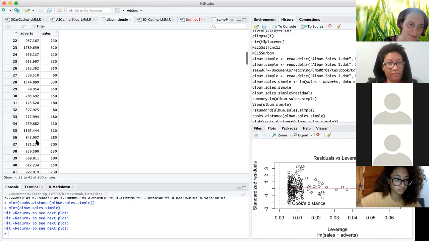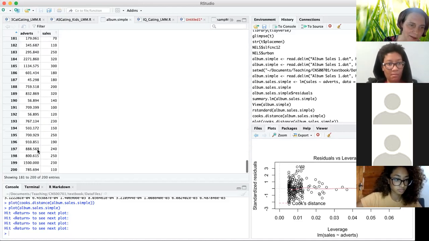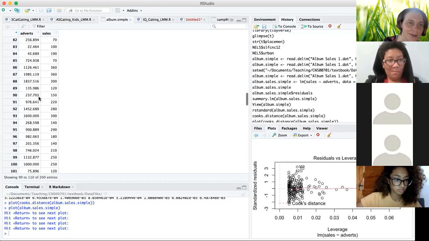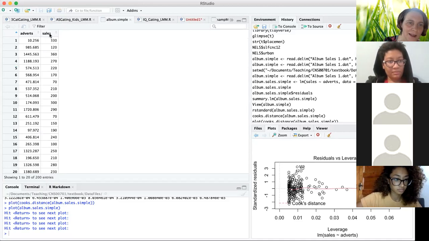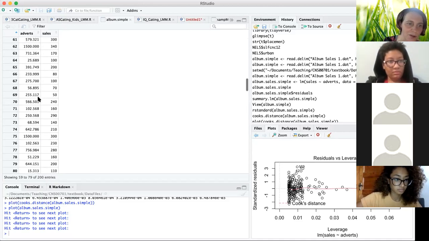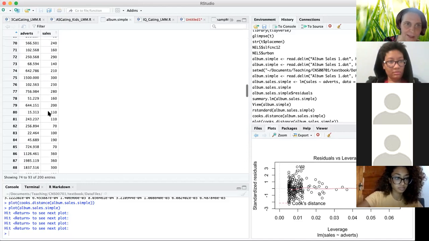It's 200 entries, so 200 data points. This is the predictor and that is the outcome variable. No missing values, so it's easy to handle.